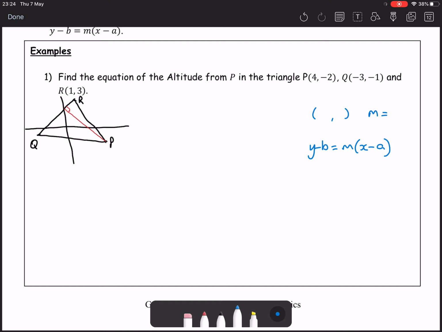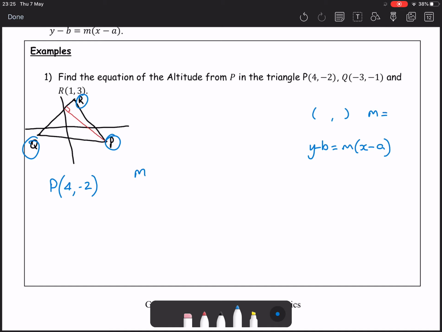Our altitude goes through the point P. So P is (4, -2).